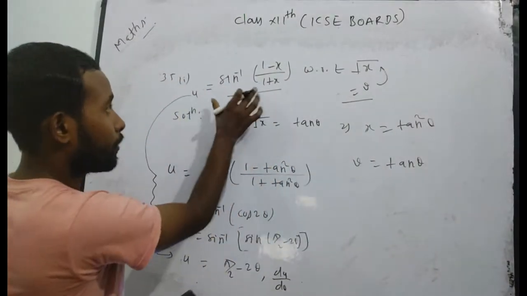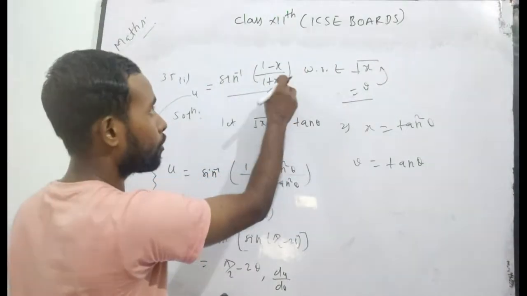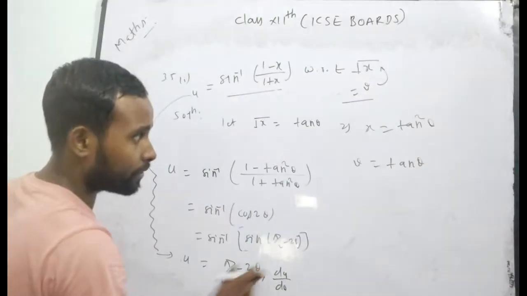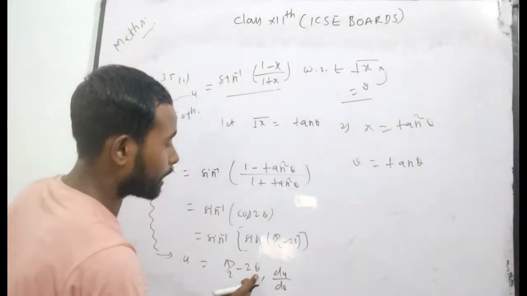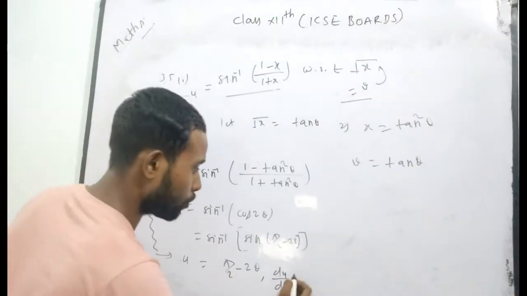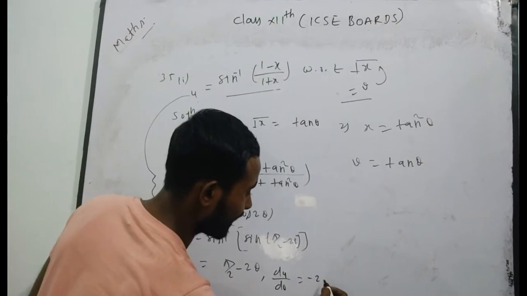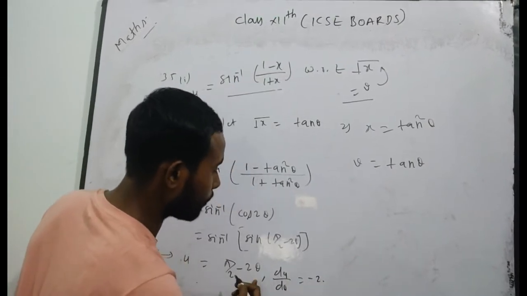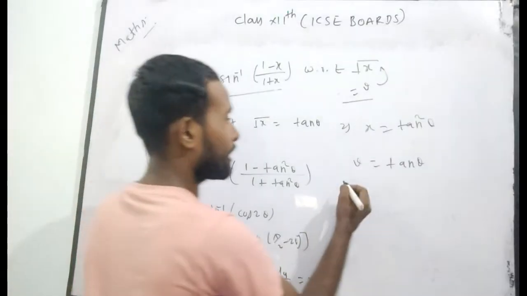That means in the first case u and v are parametric functions in terms of variable x, and here u and v transform into parametric functions in terms of theta. So du d theta will be pi by 2 minus 2 theta differentiated. The derivative of pi by 2 will be 0, and minus 2 is a constant, so you can take it out of the derivative, and the derivative of theta with respect to theta will be 1. So its derivative will be minus 2.